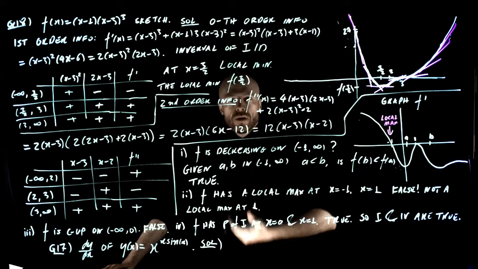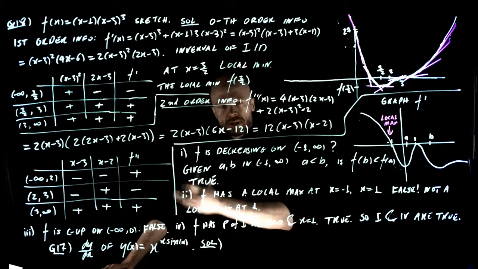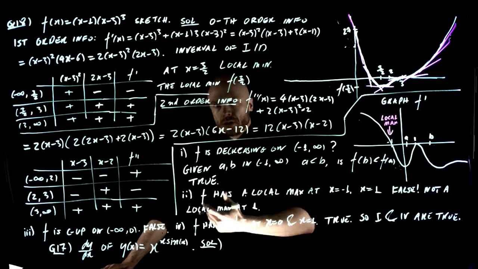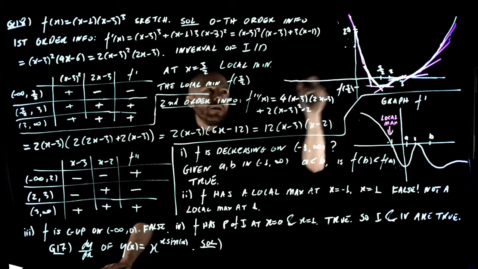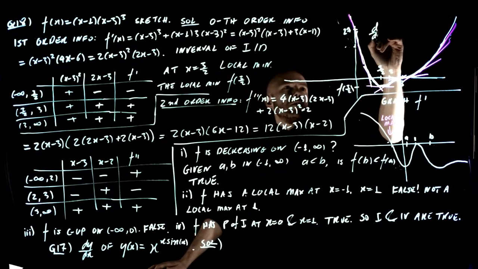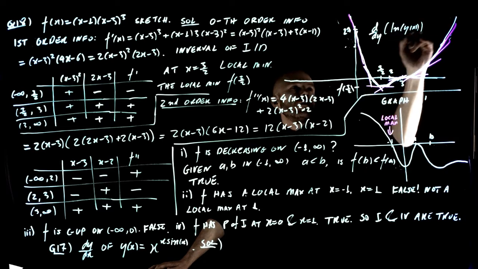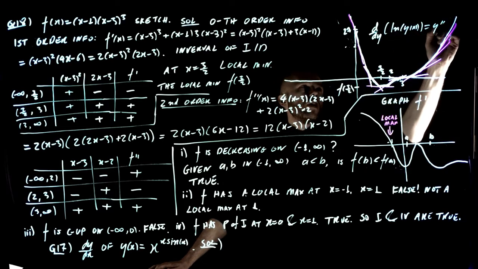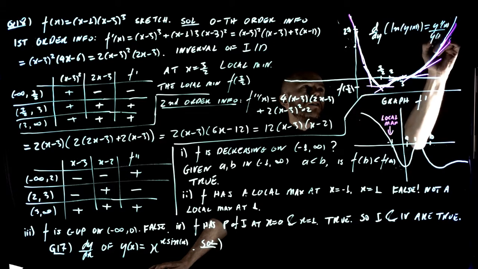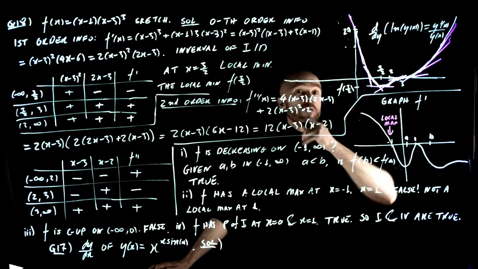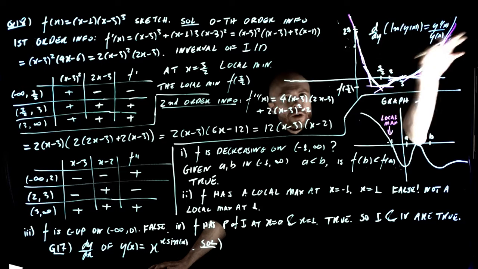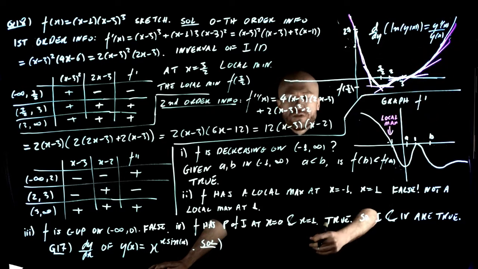And what's the hammer? We just apply log to this thing and we take the derivative of log, because when we differentiate log of a function, we know by the chain rule it is just y prime of x over y of x. So then we can find what y prime is by multiplying through by y of x.